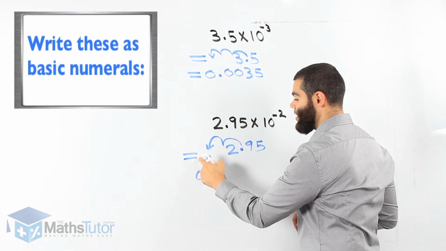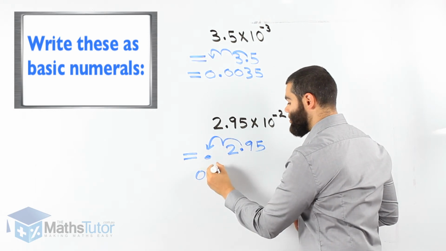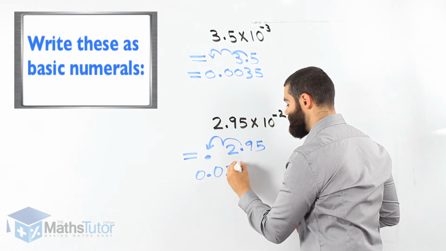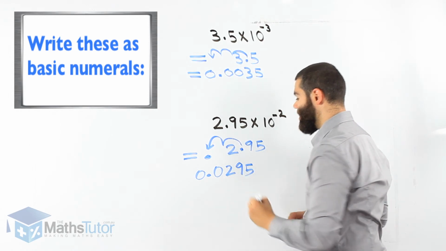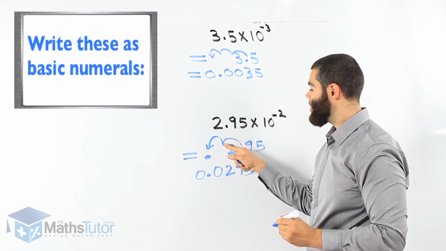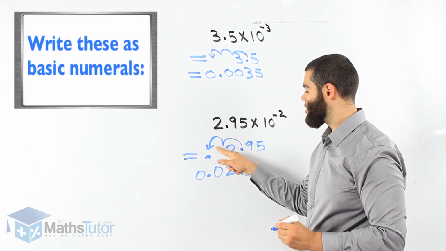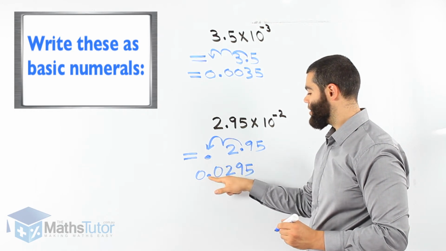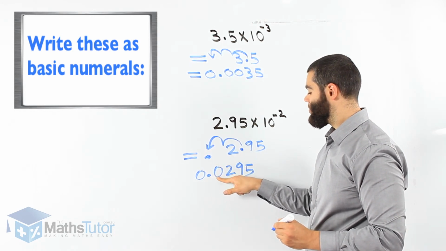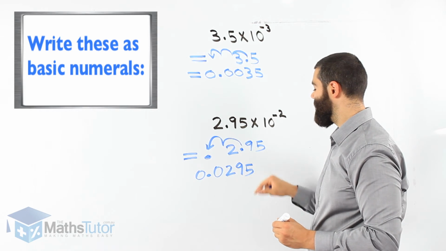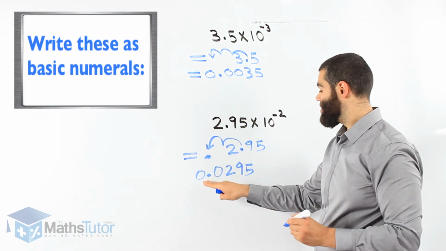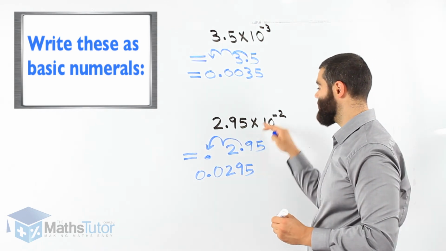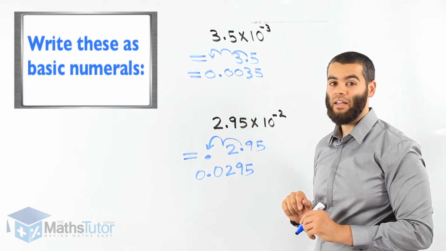We have our 0 right there. 0.0295. We jump over the 2 and jump over nothing, which means we're jumping over 0. We put our point. 0.0295. That is our answer. This is the same as 2.95 times 10 to the power of negative 2.